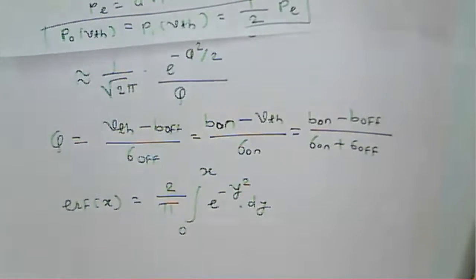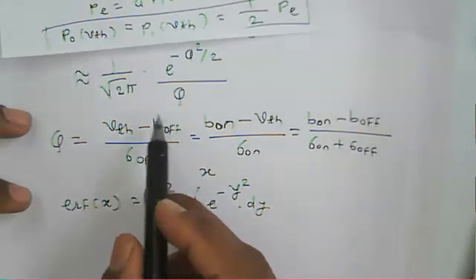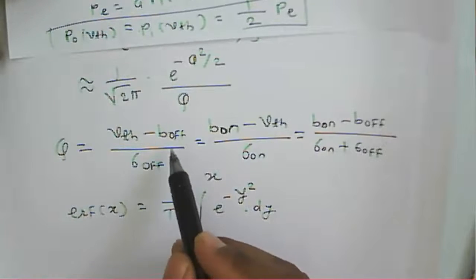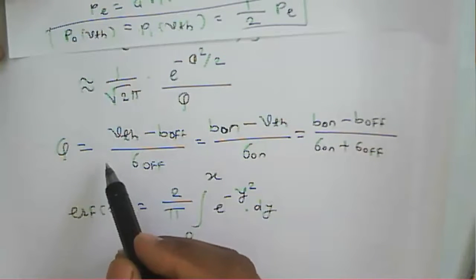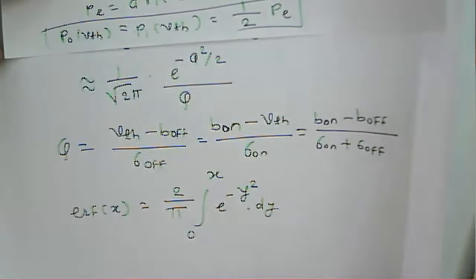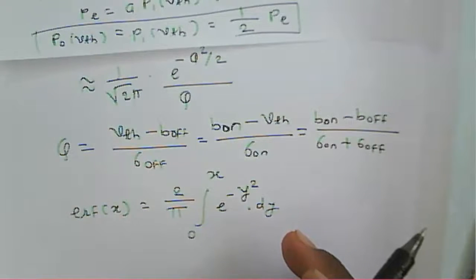So Q specifies the performance of a receiver because it is defining the level. That's why Q will specify the receiver performance, and that receiver performance can be expressed with respect to the bit error rate, BER.